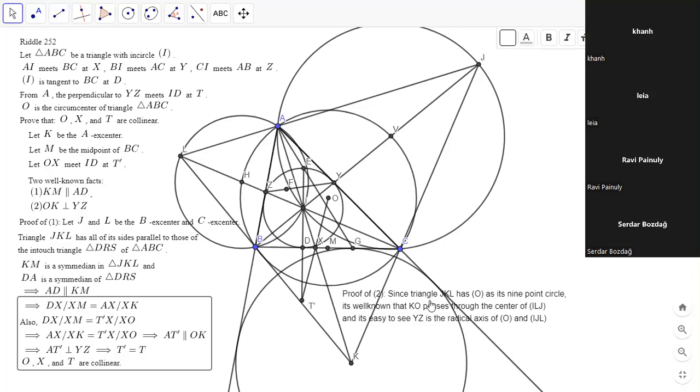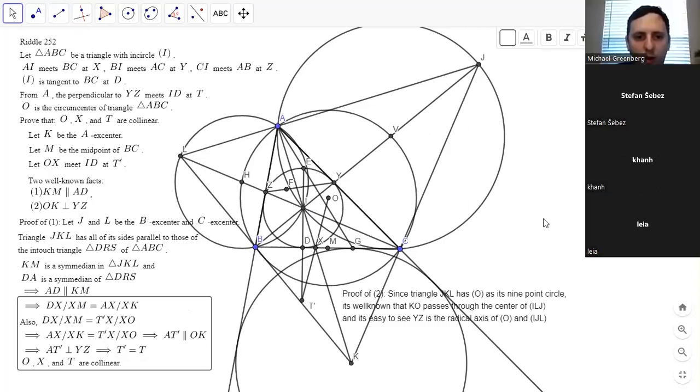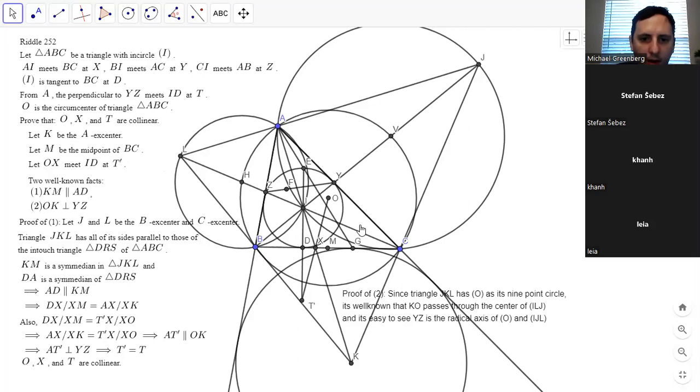Before I move on to the next problem, I think there's a way to prove this first one without needing J and L. I think we can draw the antipode of G in this circle. If G prime is the antipode of G, then A, D, and G prime are collinear.